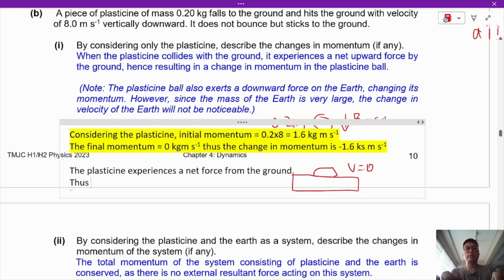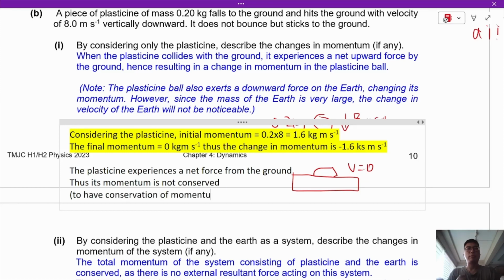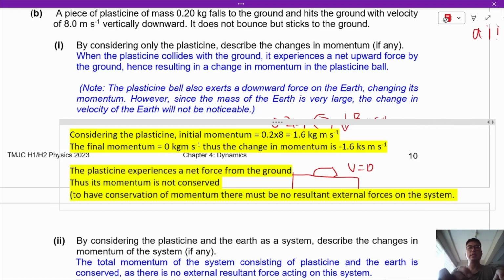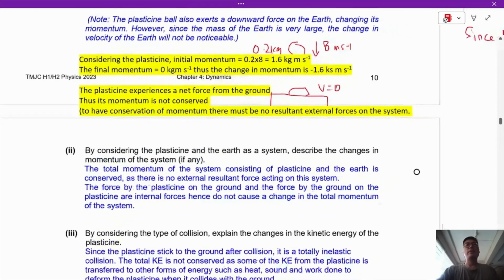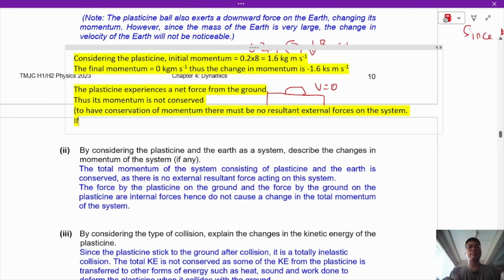Thus, its momentum is not conserved, because in order to have conservation of momentum, there must be no resultant external forces on the system. So if you consider the plasticine on its own, there is a net force on the plasticine, so the momentum cannot be the same.